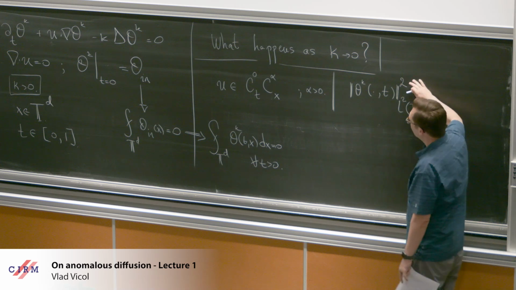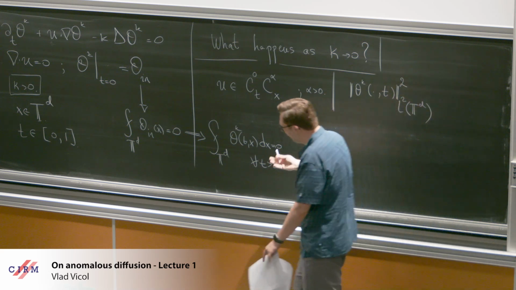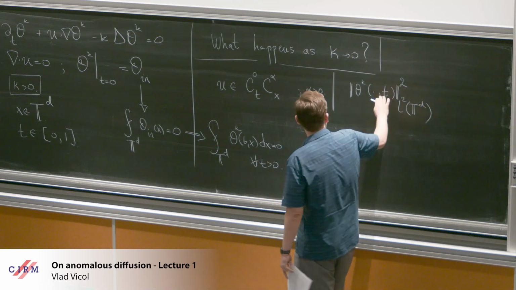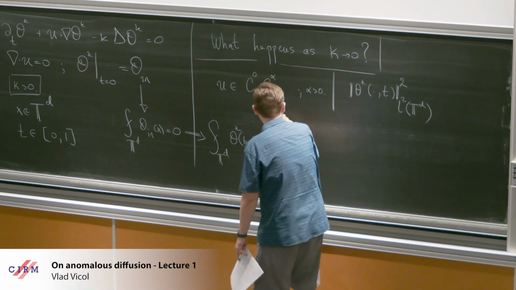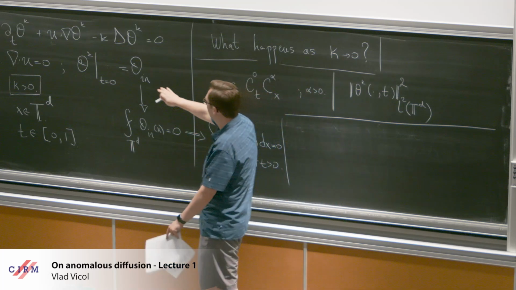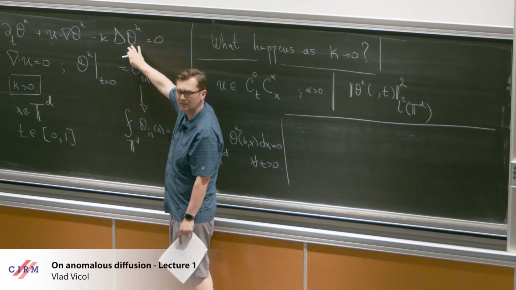And so, because you have well-defined unique smooth solutions, you can write down the intensity balance, if you want to call it like that. And how do you get that? Well, you just multiply this by theta kappa and you integrate over space.